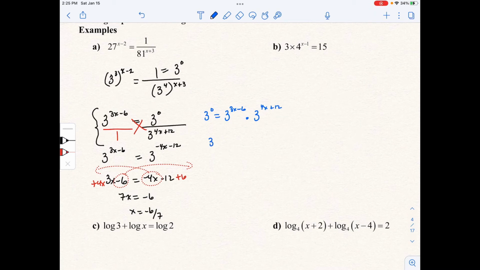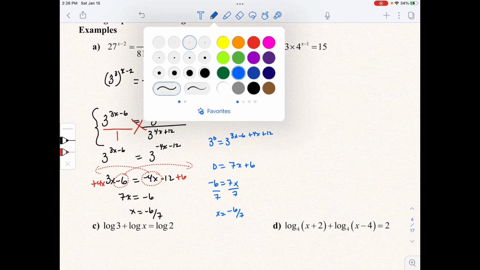And then 3 to the 0 is 3 to the 3x minus 6 plus 4x plus 12. We'll get the same answer there, but I wouldn't have to deal with as many negatives, perhaps. So we get 7x plus 6 here. And of course, negative 6 is 7x. So again, we get the same answer, negative 6 sevenths, just in a slightly different algebraic approach there. Okay.